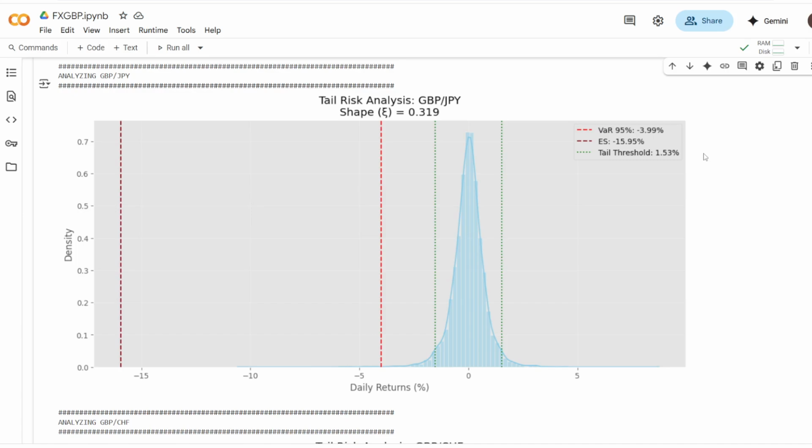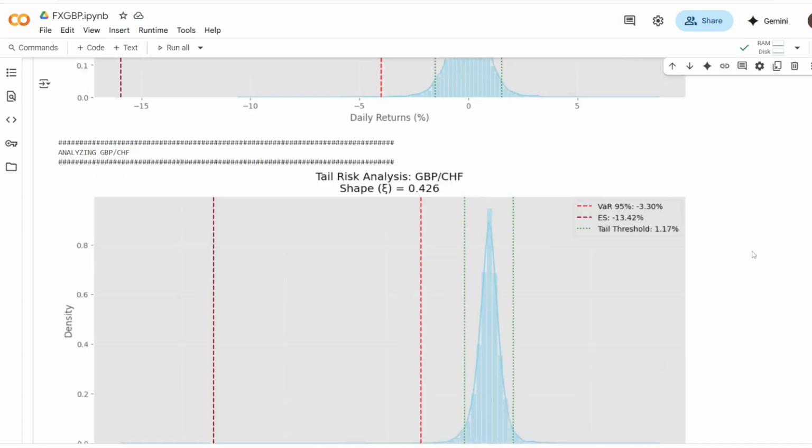So when we compile a tail risk analysis of the daily returns of pound yen, we see that we have a tail threshold of 1.5%, the VAR 95 is minus 4%, very far in the tail of the distribution. The expected shortfall is something out of sample, probably out of the distribution.